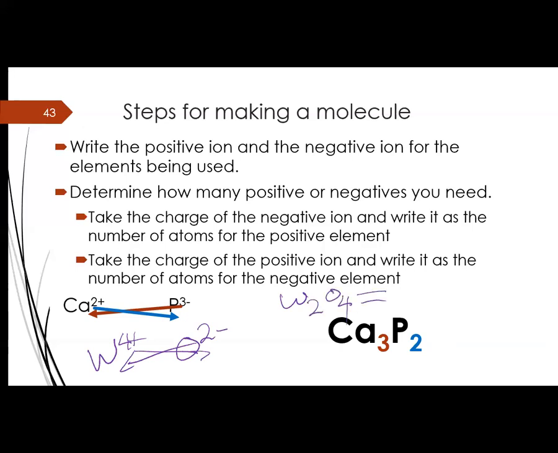When we're trying to write out that compound, we should always simplify. Because we can fit a 2 into both the W2 and the O4, then instead of writing it as W2O4, we should have it as WO2. So we want to make sure that we end up with the lowest ratio. Not ration, you should have a ratio. So keep that in mind as you go.